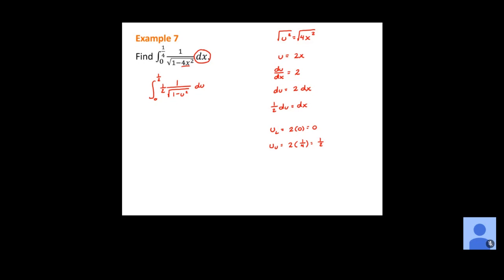So we already said the antiderivative for 1 over the square root of 1 minus u squared, that part's going to give us what?